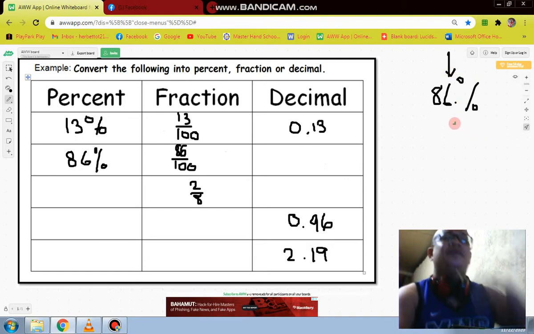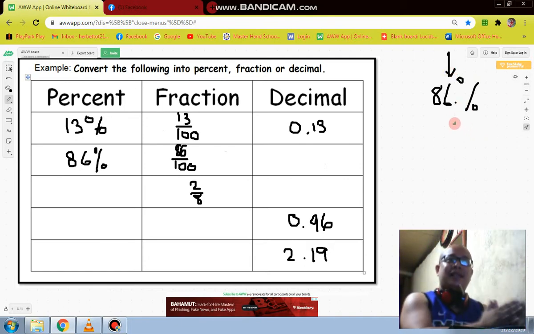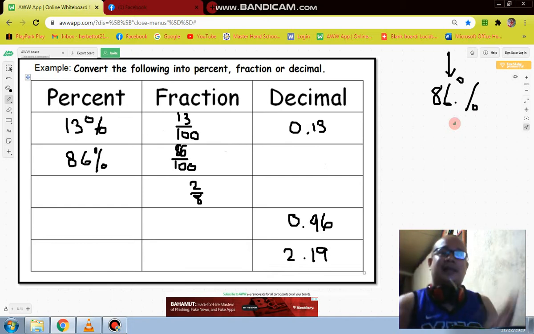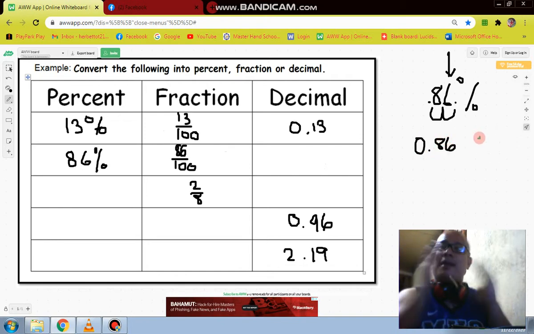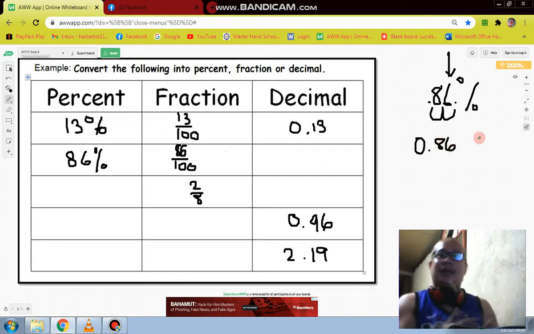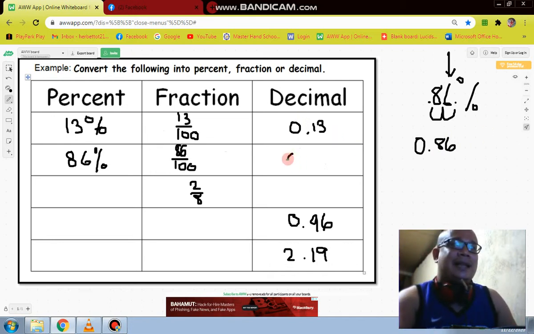So, move twice to the left: 1, 2. When converting percent to decimal, move the decimal point twice to the left. Rewriting the decimal, we put a 0 in front: 0.86. The value does not change because we only added a 0 in front of it. So it's 86 hundredths, or 0.86.